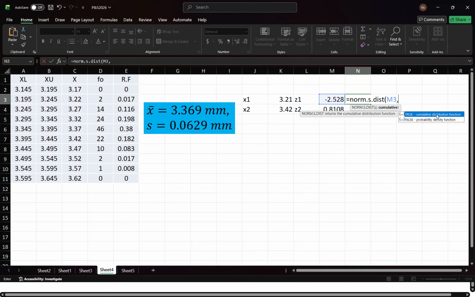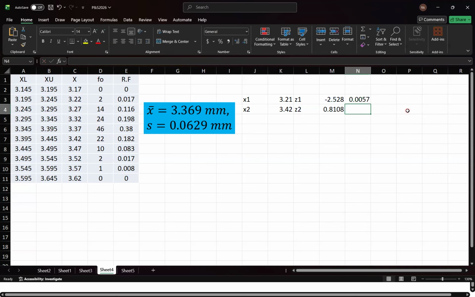Then I have two options, cumulative: true for cumulative and false for the probability density function. We are looking for phi of z, which is the cumulative distribution function, so I would say true. This is 0.0057. So let's check this value from our table, minus 2.52.